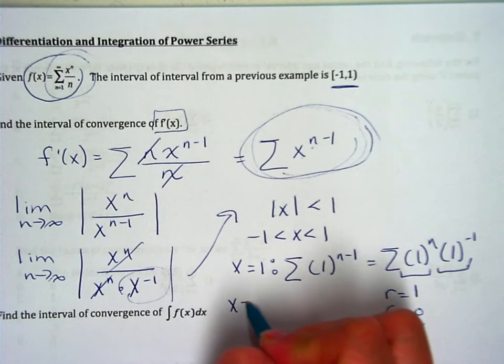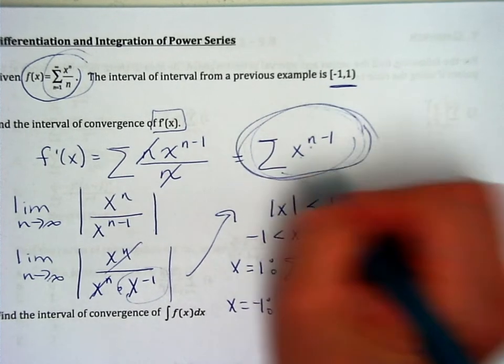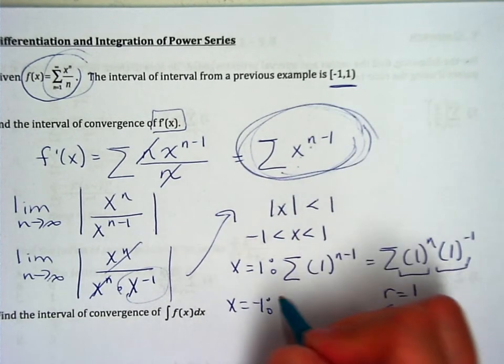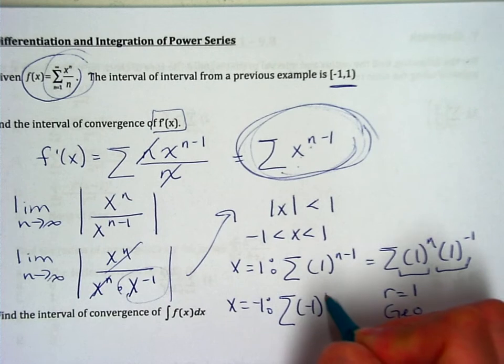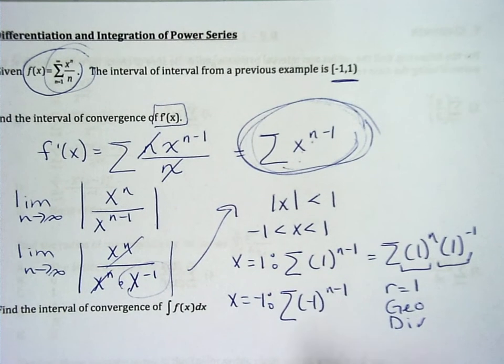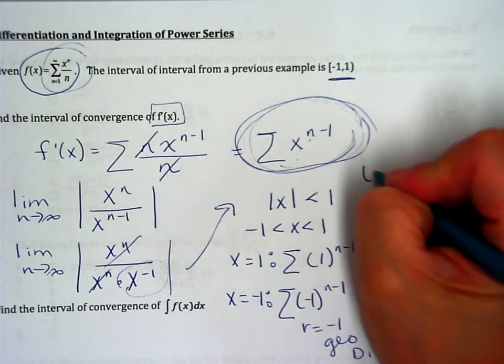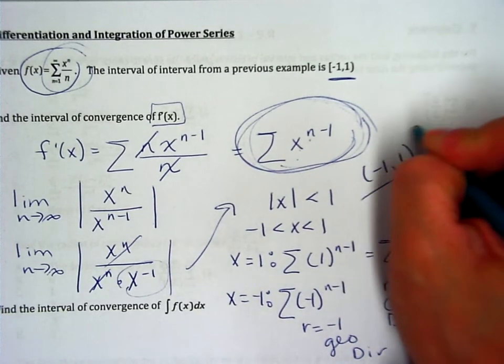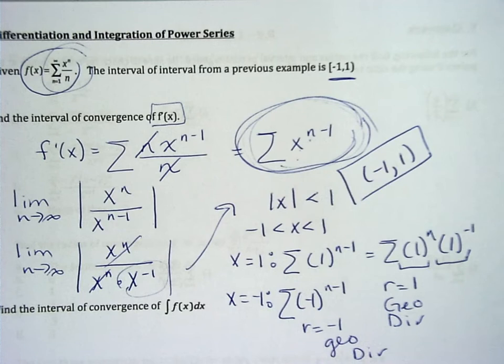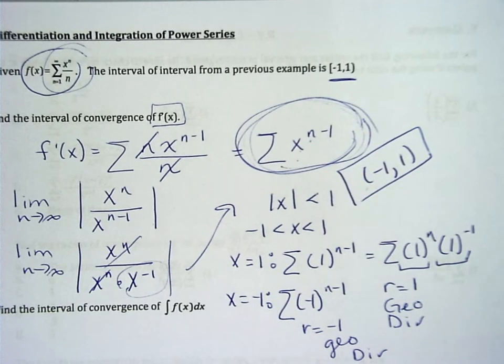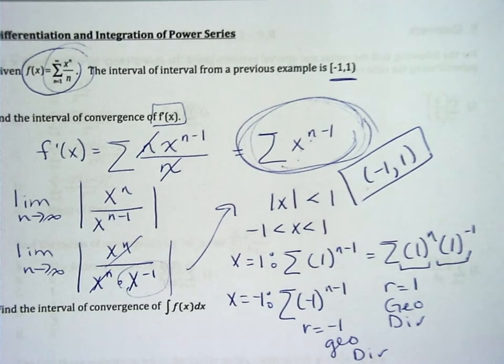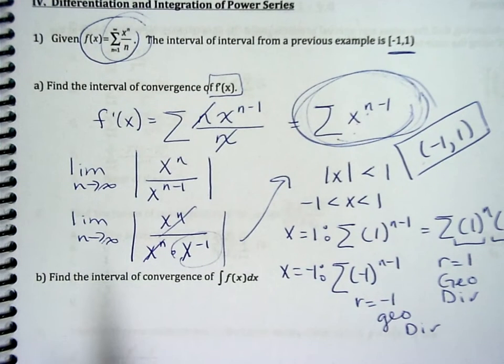Let's see what happens when we have -1. Same thing. I'm going to plug the -1 in for x here. So if I do this, same thing happens. Your r is -1 this time. Still a geometric series, still diverges. So your interval of convergence for the derivative of that original function is actually -1 to 1, not including either endpoint. Let's see what happens when we integrate the function.